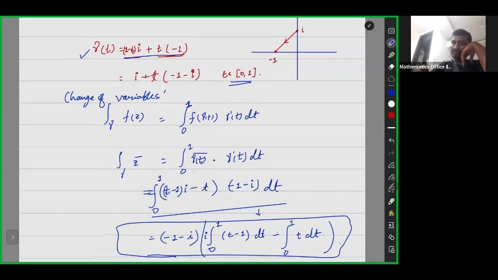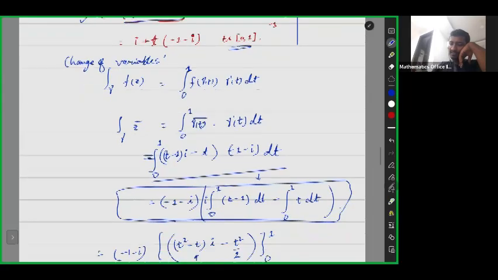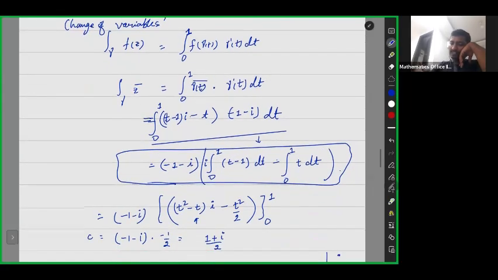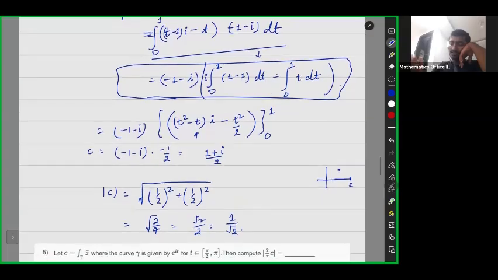So f of z is going t minus 1 I minus t. Fine. Now gamma prime t becomes minus 1 minus I. Then minus 1 minus I we are taking outside, and we are directly calculating the integral t square minus t, I minus t square by 2. Fine.